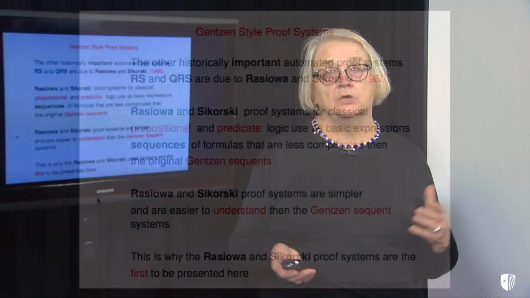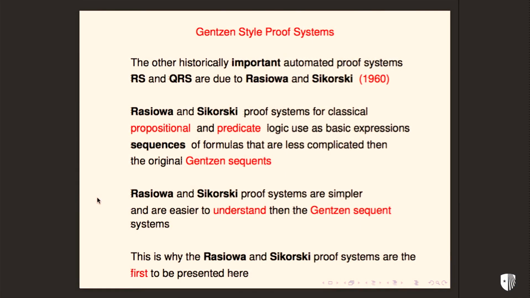Other historically important automated proof systems which I present here are RS and QRS, which I call that because they are due to Rasiowa and Sikorski, R for Rasiowa, S for Sikorski, and it's a famous work published in 1960.